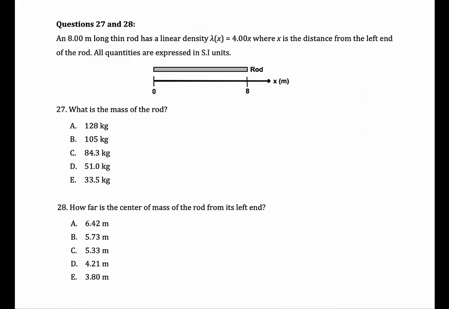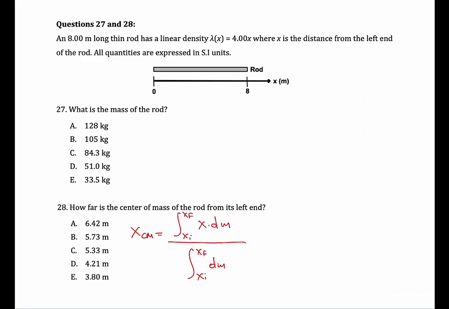However, we need to find the mass of the rod and the center of mass. Now, the formula for the center of mass in case we have an object of non-uniform density is the integral from x initial to x final of x dm, divided by the integral from x initial to x final of dm.